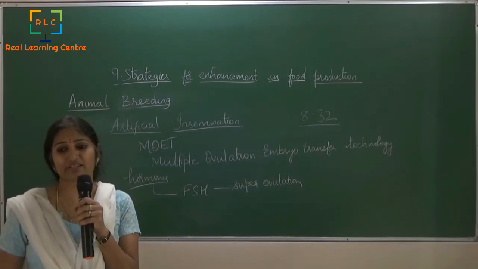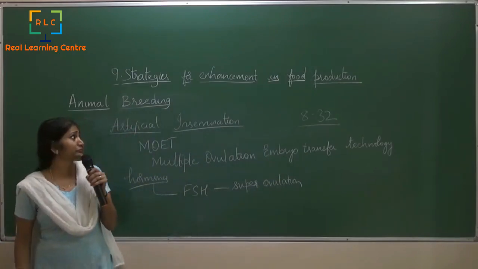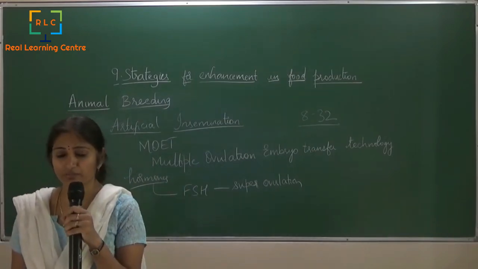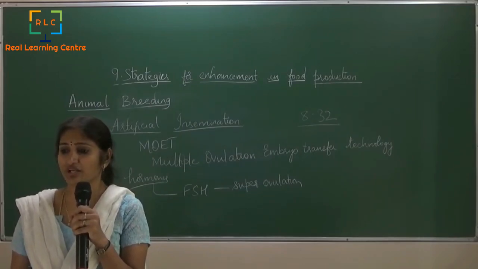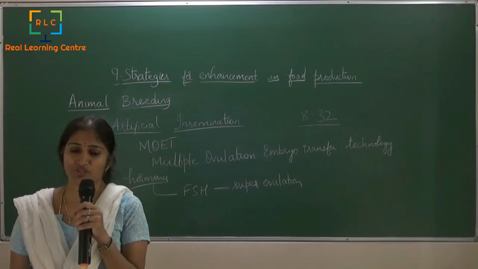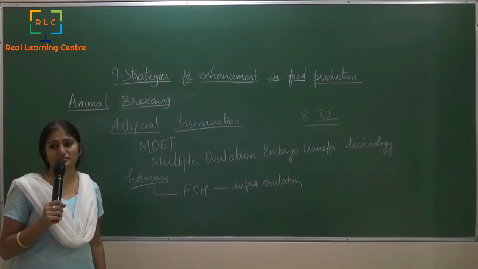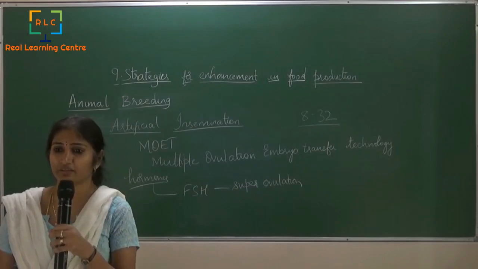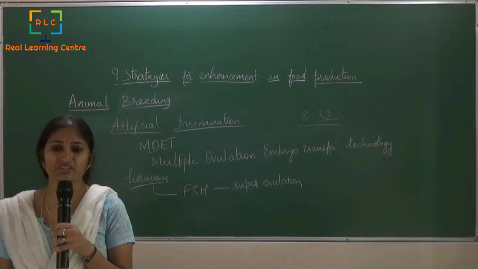With these techniques we see a sudden increase in the cattle, and it also helps us overcome the problems faced with natural mating. So artificial insemination and MOET are used quite often in sheep, rabbits, cattle, and so on. This is all about breeding techniques.